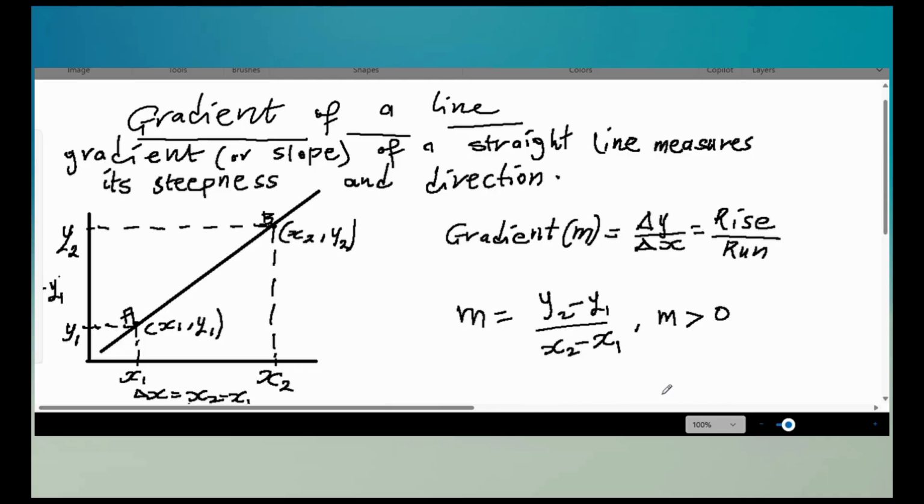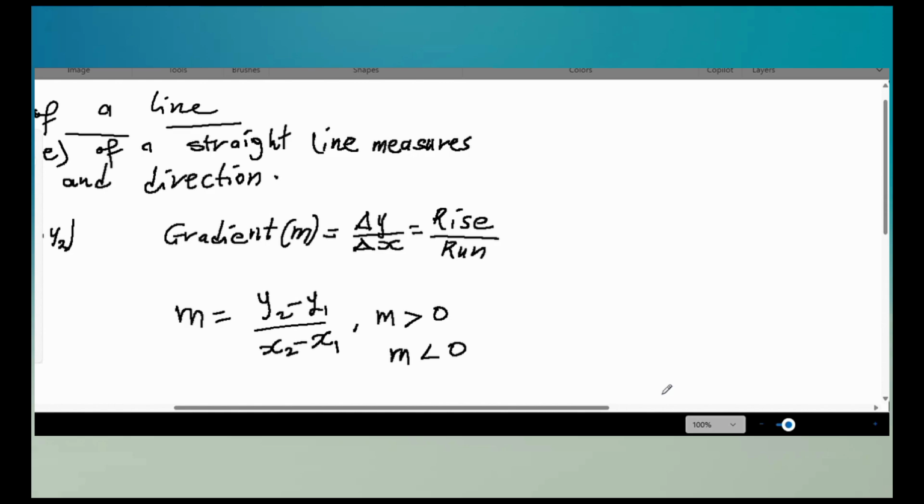That is when m is greater than 0. But if m were to be less than 0, then the line would look something like that. So it will run down to the right.